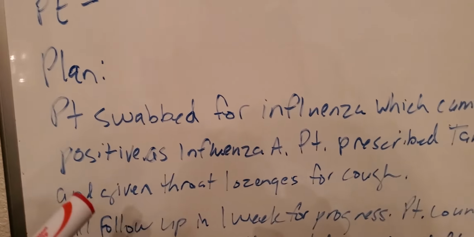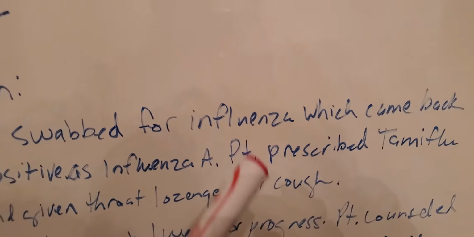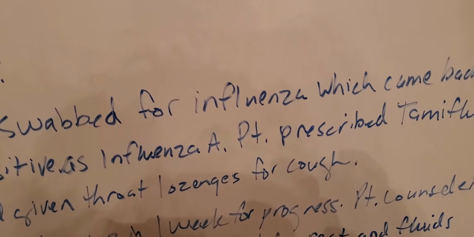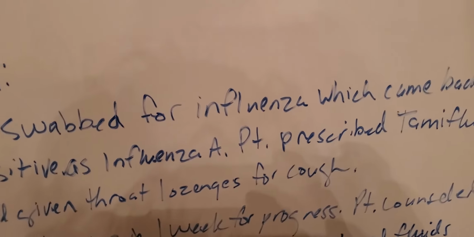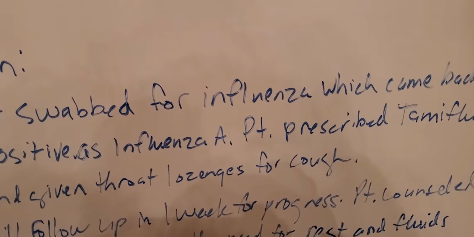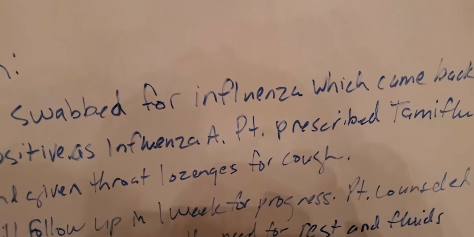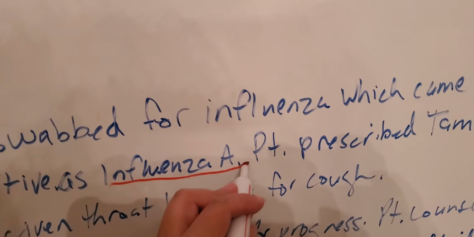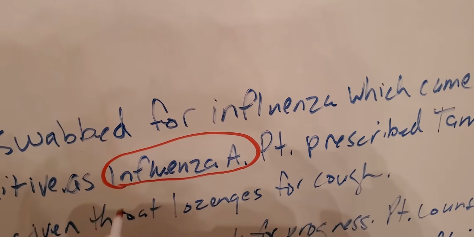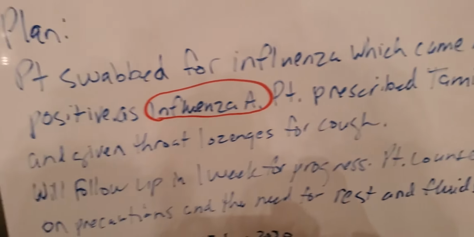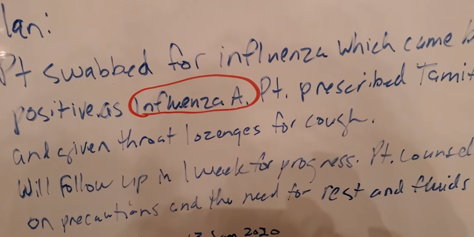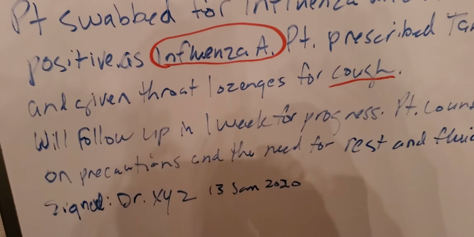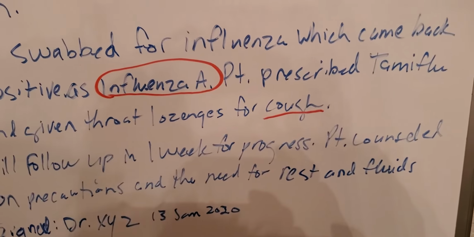So when we went to the plan, the patient was swabbed for influenza because obviously the doctor suspected that the patient had influenza, and he or she was right because it came back positive as influenza A. Okay, so we're going to look at influenza A. The patient was prescribed Tamiflu and given throat lozenges for cough. Okay, and then the patient will follow up in 1 week for progress.